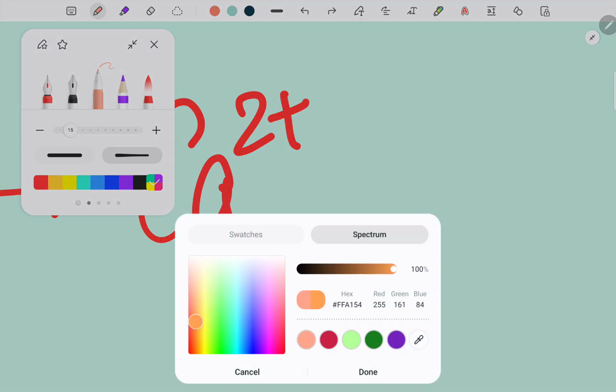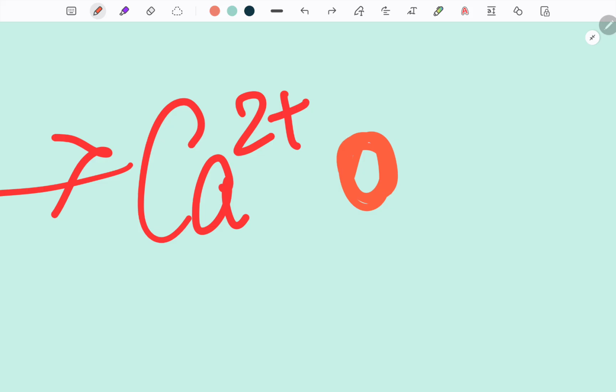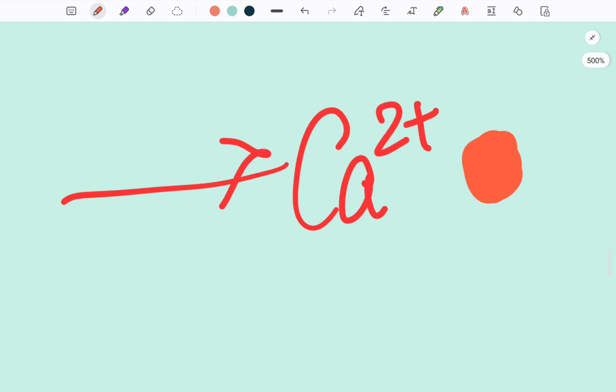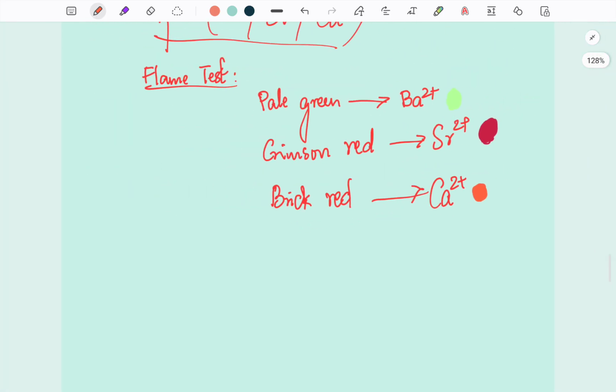Brick red is kind of like orange, but it's having a shade of red. Yeah, this is brick red. Again, the intensity of the color in the flame would be quite low. It won't be a very dark shade of brick red, but the color is this. Okay. So I hope that's clear to you.